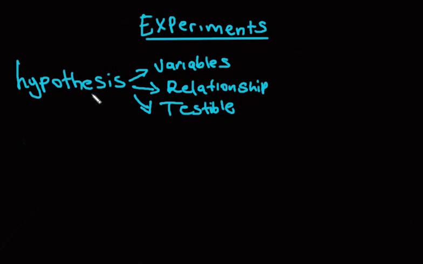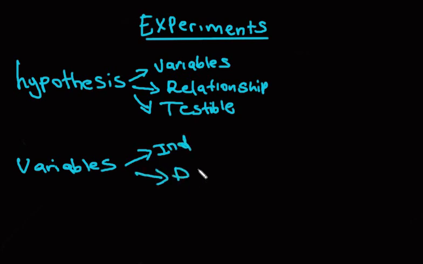Then we can move to the variables, when they say give them the dependent or the independent variable. We've got independent, we've got your dependent. A variable is anything that varies or that differs. So it's actually a self-explanatory term.